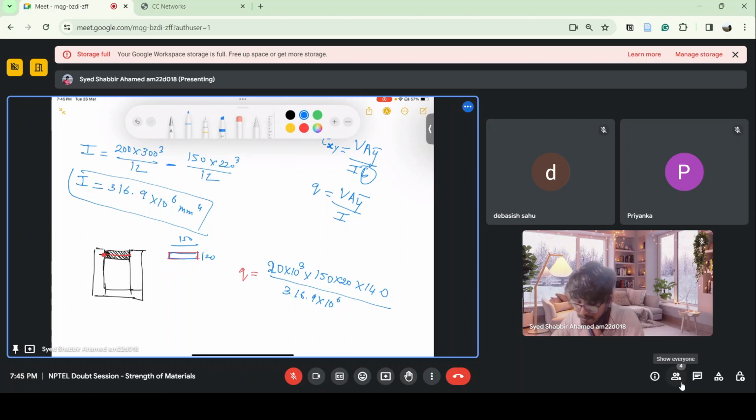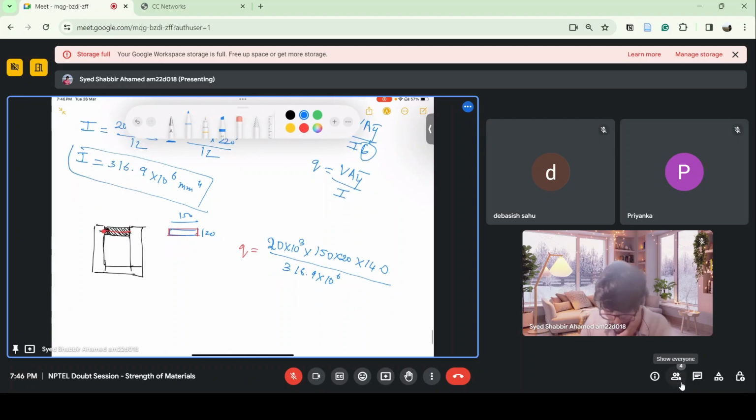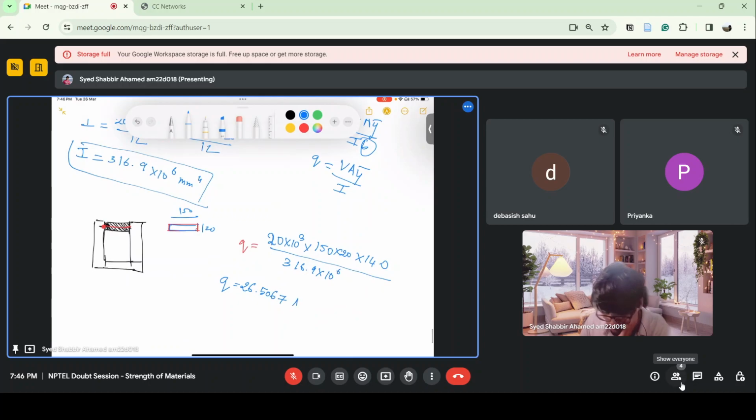So if we do 20 into 10 cube, 150, 20 into 140, divided by 316.9 into 10 to the power of 6, we will get the shear flow as something like 26.506 newton per mm.